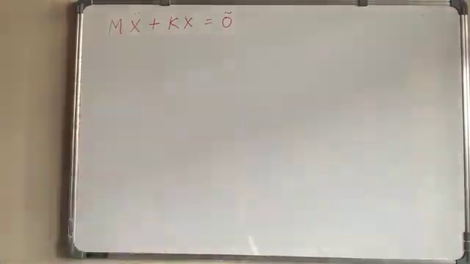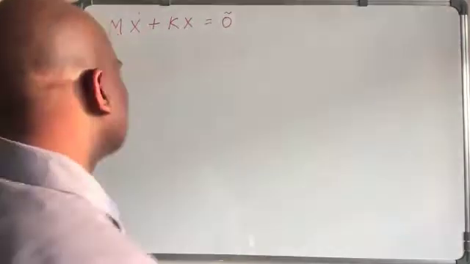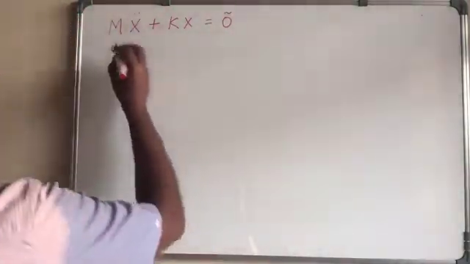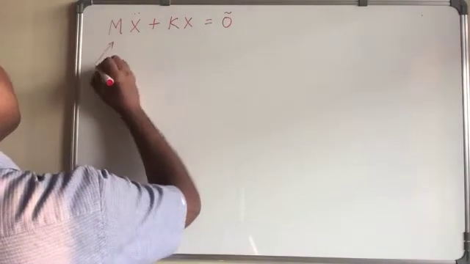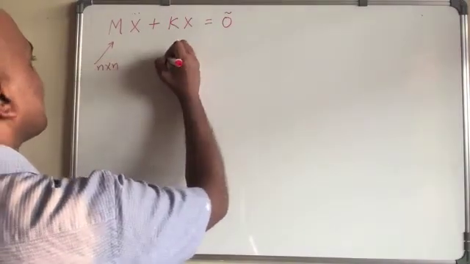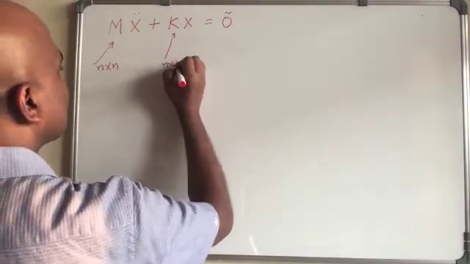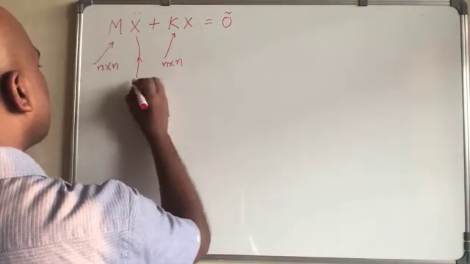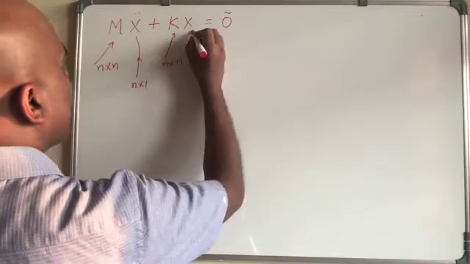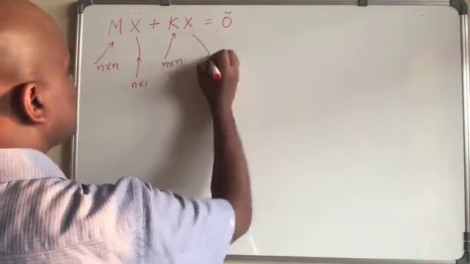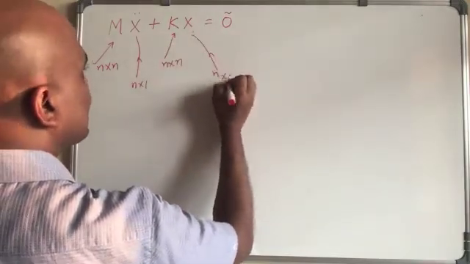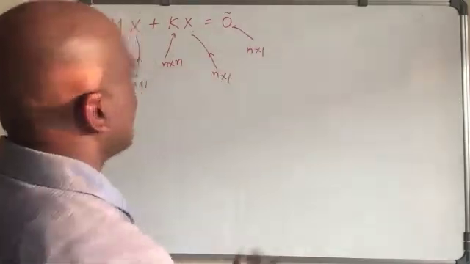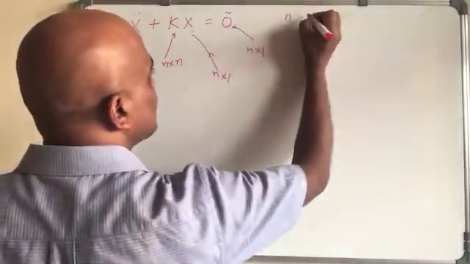Now from 2 degrees of freedom, we are going to a multi-degree of freedom system. So M will be n by n, K will be n by n, and x will be n by 1, and the zero vector is also n by 1, with n degrees of freedom.